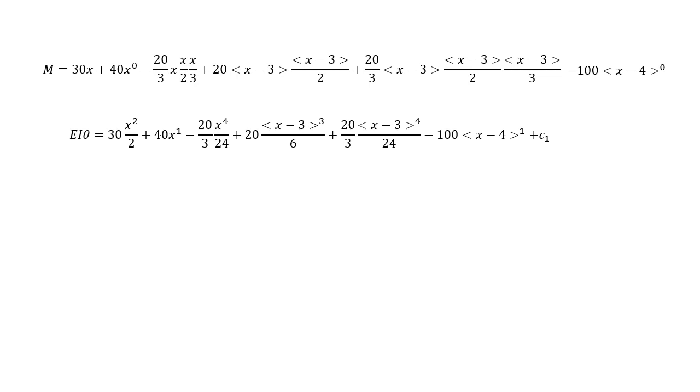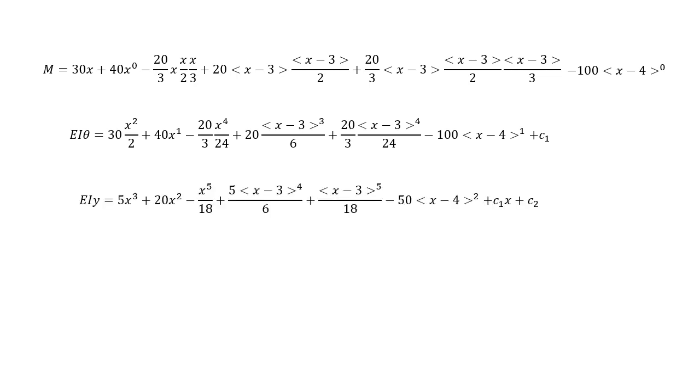Again, you integrate it once, and then integrating the moment equation twice gives you the deflection equation. So I already simplified the equations as I integrated them. Now, the fixed support is at the rightmost end.